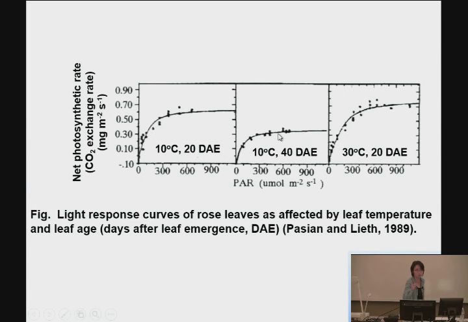So this is one example of the temperature response being affected by leaf age. And then also the temperature: at the same age, 20 days after emergence of the leaf, at 10 degrees C and 30 degrees C, it looks like 30 is close to the optimum temperature. So this just shows an example of how you can see the difference.